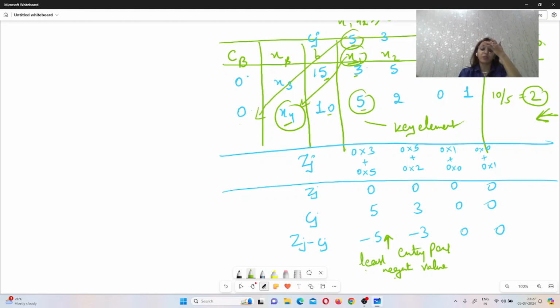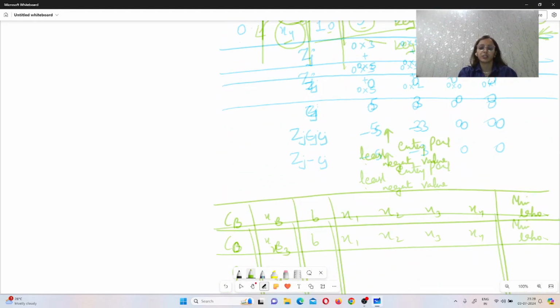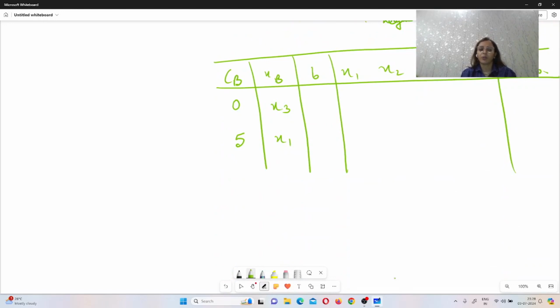Now what we have to do: this 5 is the key element, divide all these points with this key element. This is a step you have to remember. Divide all the points with the key element. So 10 divided by 5, that will be 2. 5 divided by 5, that will be 1. 2 divided by 5, 2 upon 5.